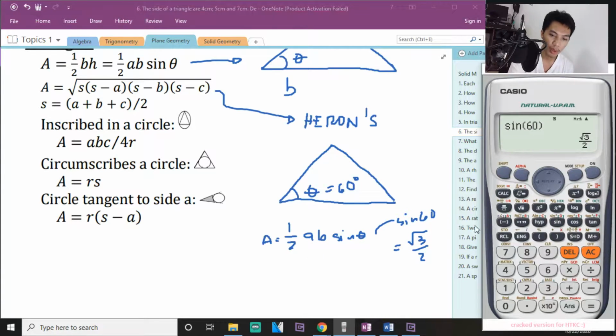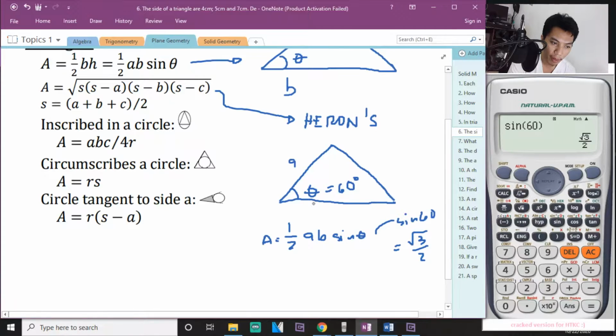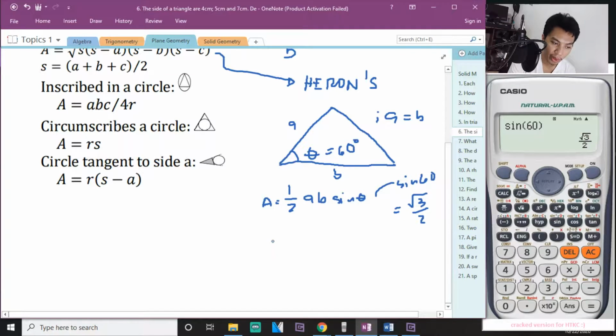So ngayon, if AB sin theta, di ba A, B, equilateral to. Therefore, A is equal to B. Ngayon, pwede mo nang gawin ganito. A is equal to 1/2 ni A times square root of 3/2.